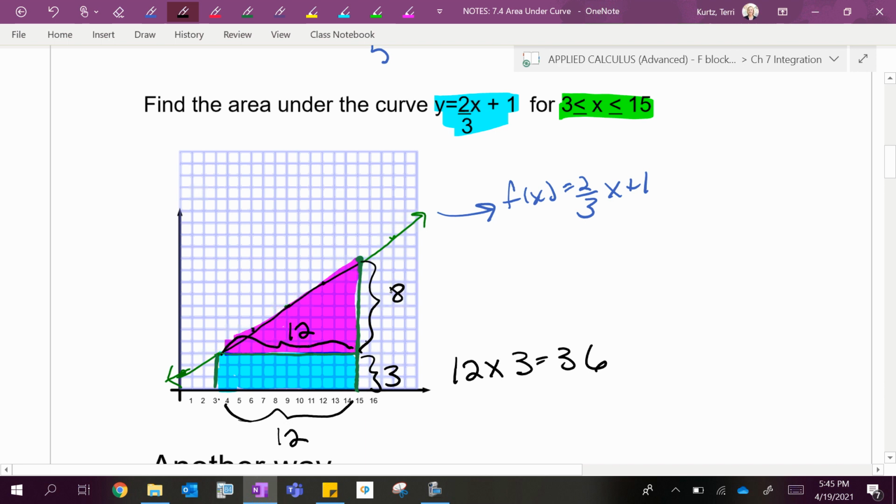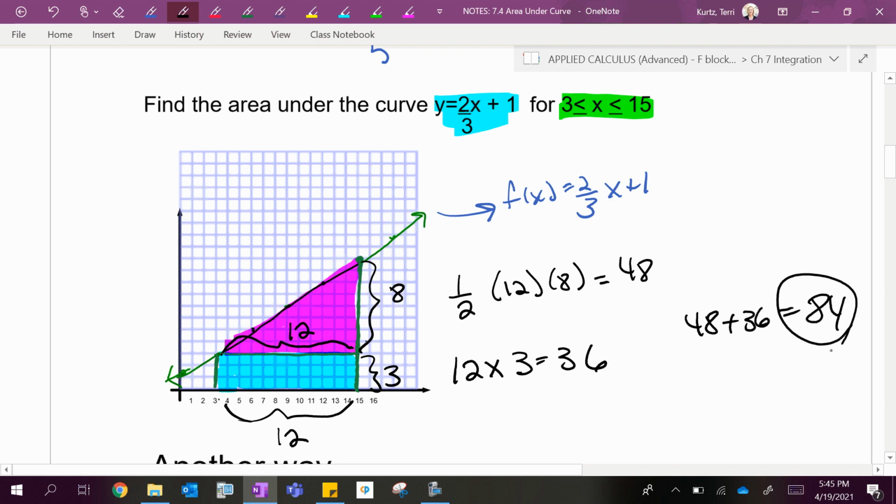The area of a triangle is 1/2 base times height, and that would give us 48. So to get the entire area under the curve from 3 to 15, we add 48 plus 36 and get 84. So that's our area under the curve.